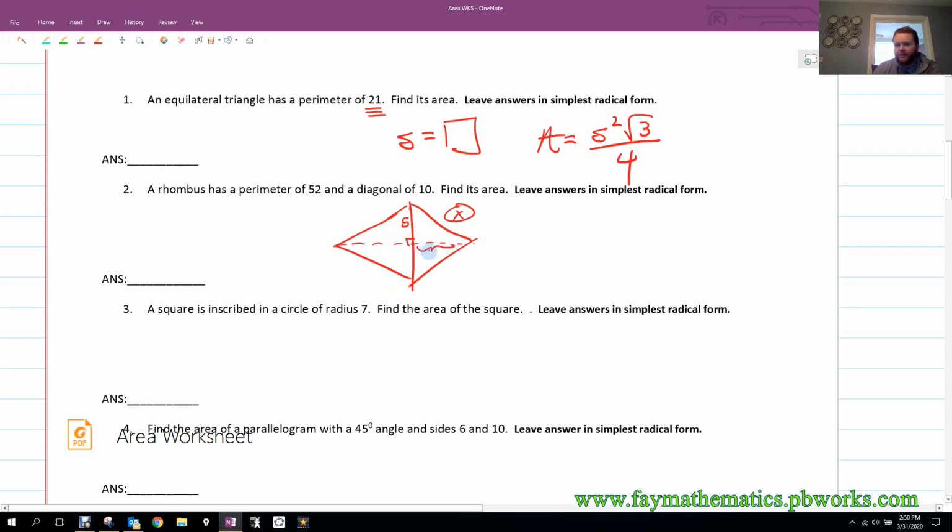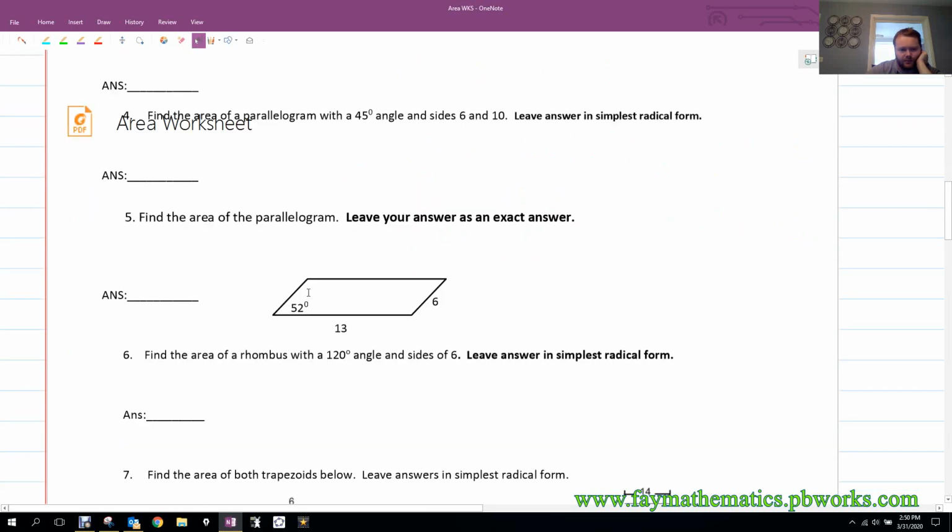You should be able to use the Pythagorean theorem to find that dotted distance there. And then when you double that, you should get your second diagonal, and then area is 1/2 d1 d2. This is similar to one on the last page.